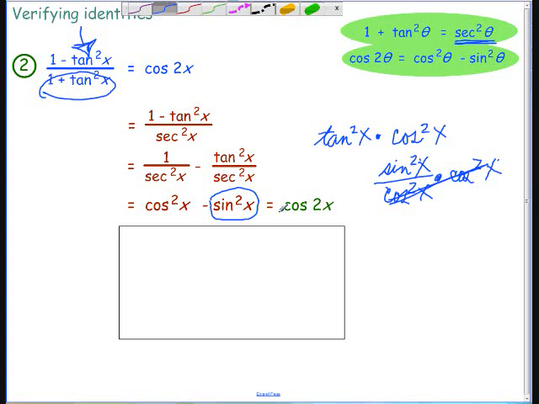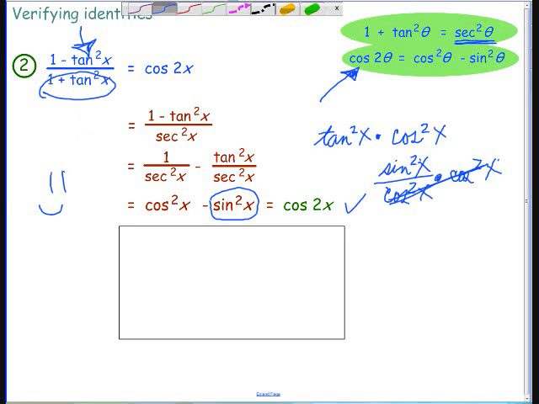Now, how do I now say that I know that's equal? Because of my double angle identity, right? This is my favorite one for cosine. Cosine squared minus sine squared. Very good.